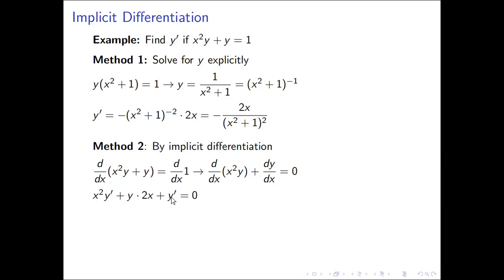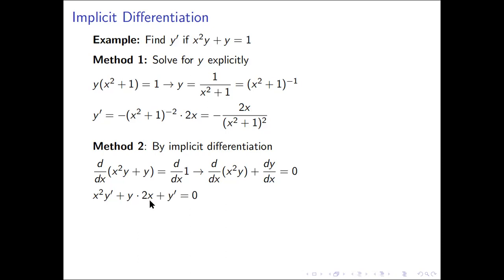This gives us an equation relating y prime, x, and y, and we can solve for y prime here. We do that by isolating, or transposing, terms without y prime to the other side.